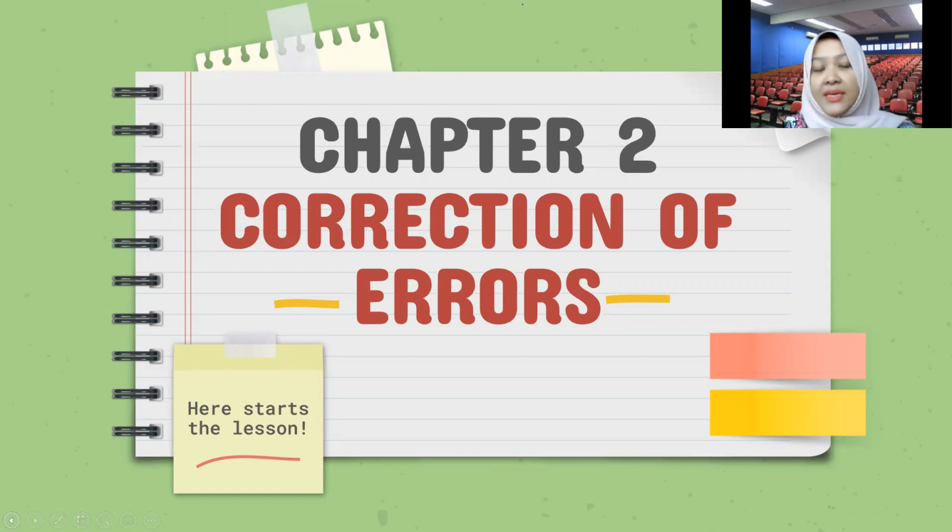Where you have learned the extended accounting equation. What is the extended accounting equation? It is your asset plus your expenses plus your drawings equals liability plus your capital plus your revenue. I hope that you still remember this equation because it really helps you in answering this topic, your tutorial and your test.